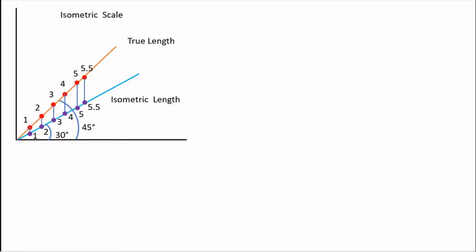Using this isometric length with a distance of 40 on the isometric scale, we draw a hexagon of side 40. We enclose this hexagon within a rectangle and find the center.